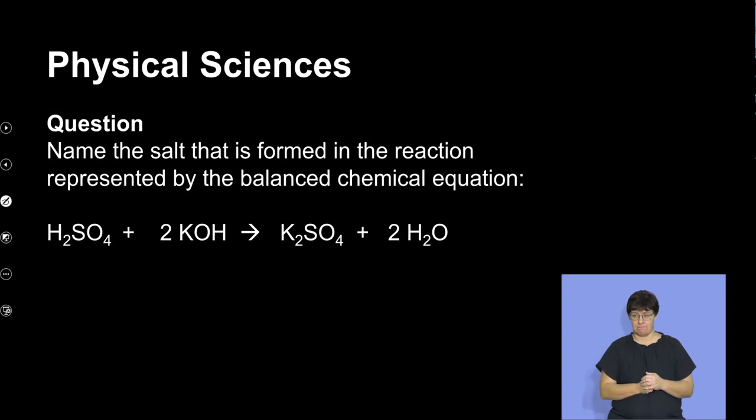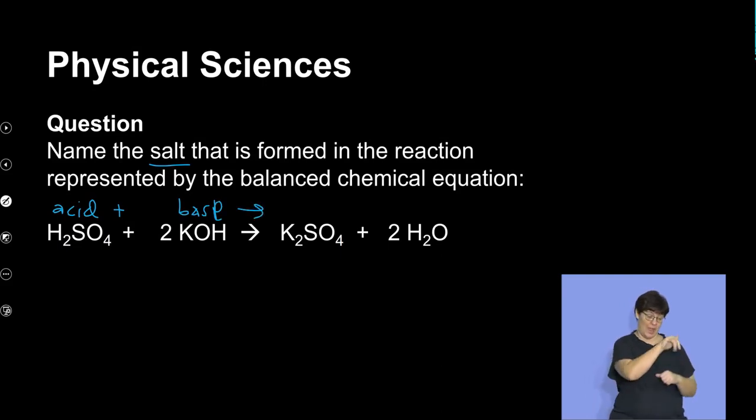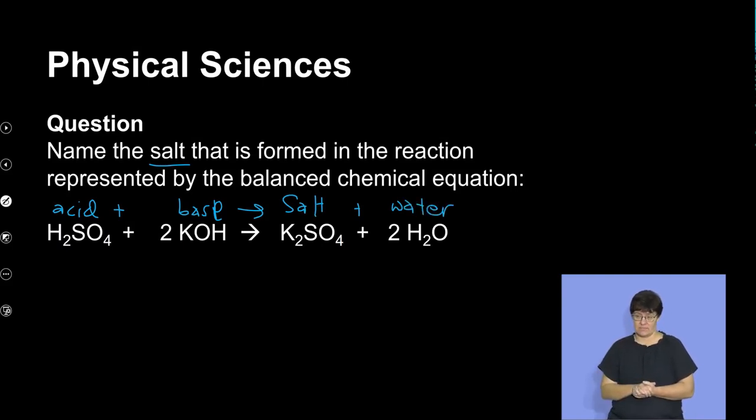And then the last question says, name the salt that is formed in the reaction represented by the balanced chemical equation. So we said it's acid plus base, strong acid plus strong base, to give us a salt and water, okay? Now, the question says name. Be careful, they can ask for the name or formula, or both.